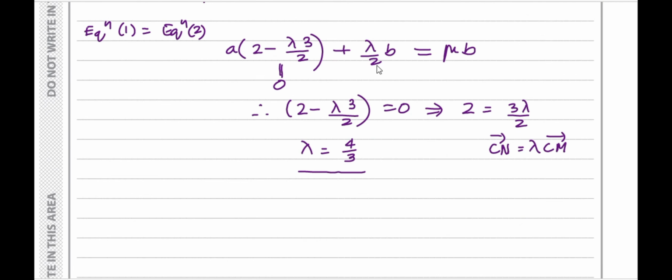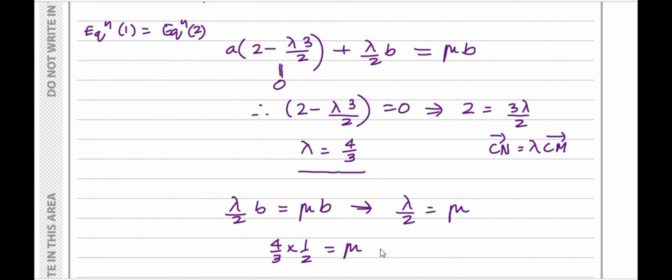Now let's equate the parts containing b. On the left hand side we have lambda over 2 b, and on the right hand side we have mu times b. Therefore lambda over 2 should be equal to mu. Since we already know lambda is equal to 4 over 3, we could write this as 4 over 3 times 1 over 2 is equal to mu, which means it is 2 over 3.